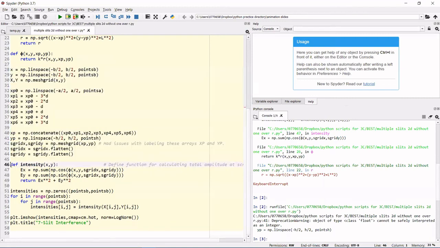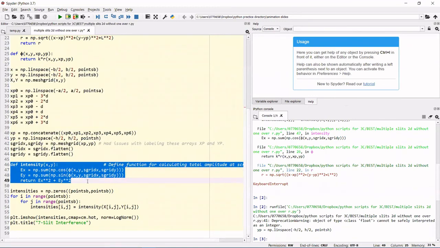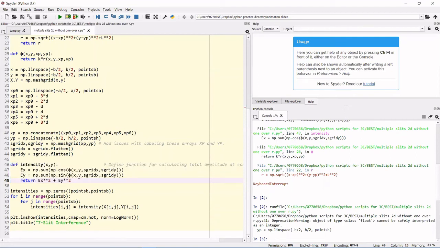And then I need a function for calculating intensity. This is where I implement phasors. So what I'm doing here, you see a cosine function and a sine function. Think back to the phasor diagrams and just consider one phasor. Look at the horizontal and vertical projections of that phasor. The cosine would give me the horizontal projection of each phasor.